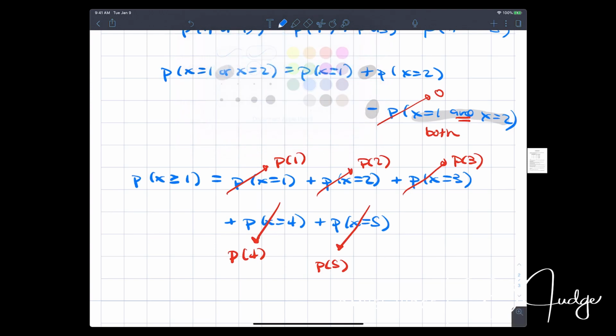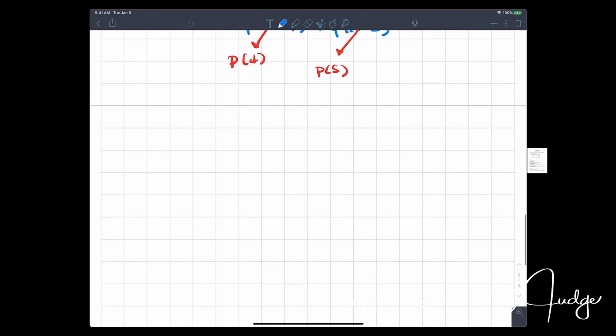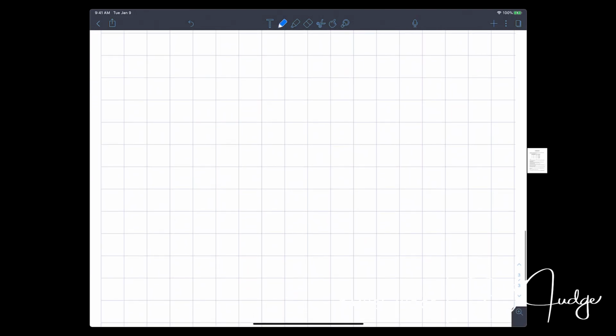So the at least one question looks completely like this now. Probability that x is greater than or equal to 1, I write it as P of 1 plus P of 2 plus P of 3 plus P of 4 plus P of 5.